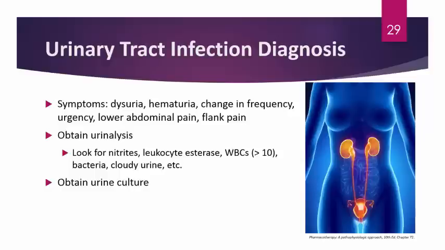And whenever you're looking at the urinalysis, you should look for nitrites, leukocyte esterase, white blood cells, bacteria, or cloudy urine. Any combination of these things can indicate a potential urinary tract infection. It's also important after that urinalysis, if you're still having some kind of suspicion of urinary tract infection, to obtain a urine culture.